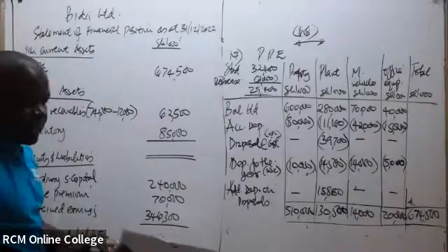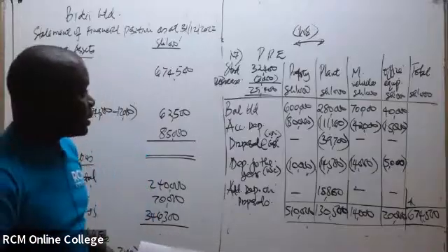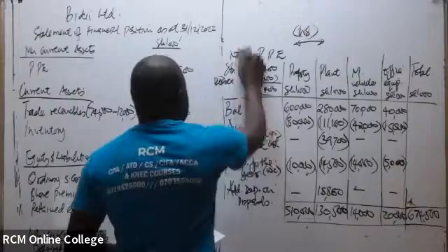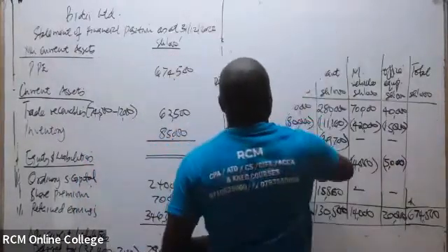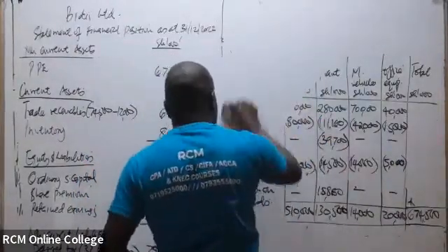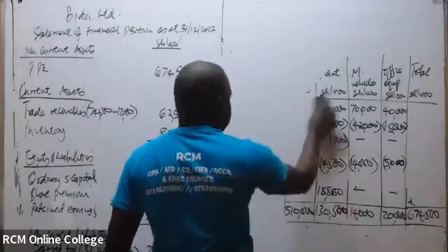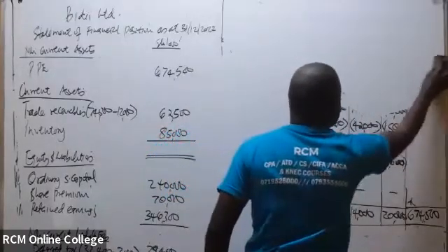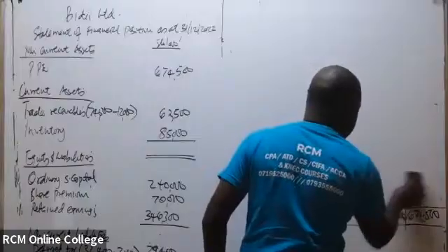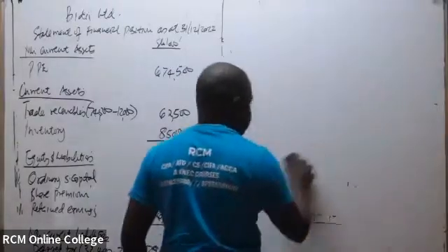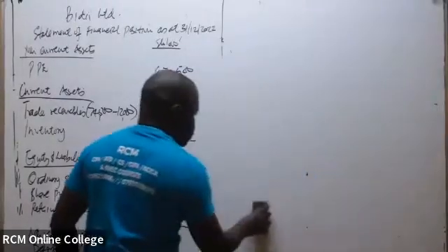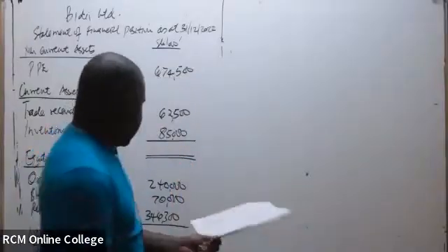So we don't have any other non-current liability. It means in this case, straight away, we can go to the current liabilities.